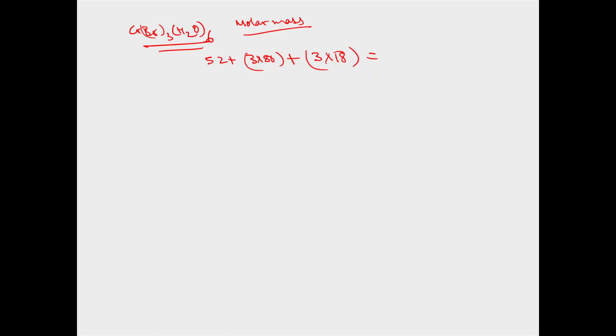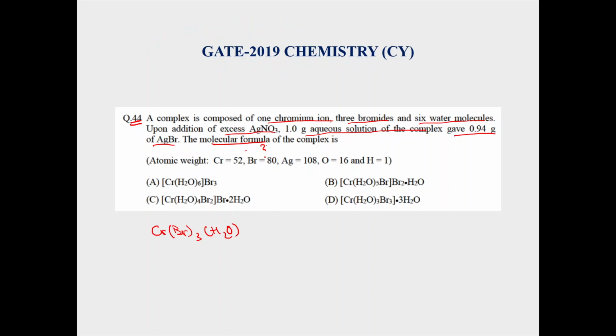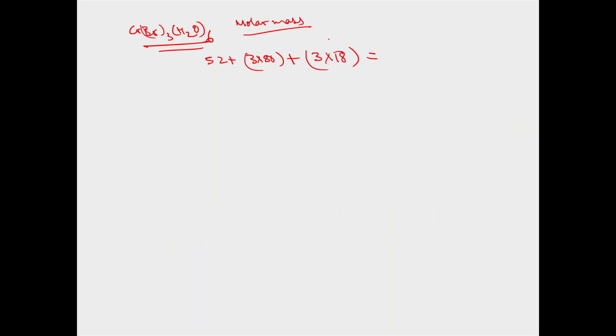Wait. 3 into 80 plus 18 into 3 plus 52. It's 346, right? Please correct me if I am wrong. 346. Okay, so the molar mass for this complex is 346.